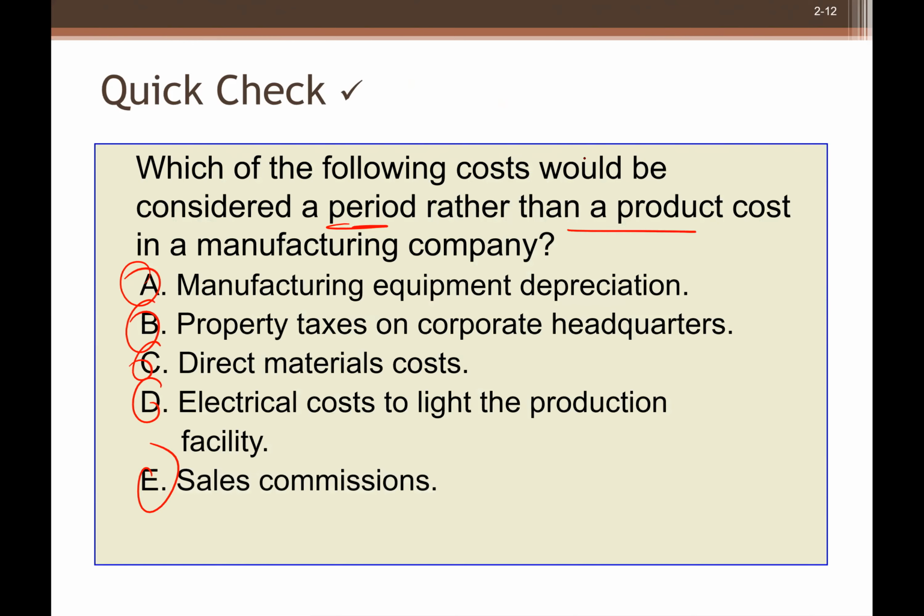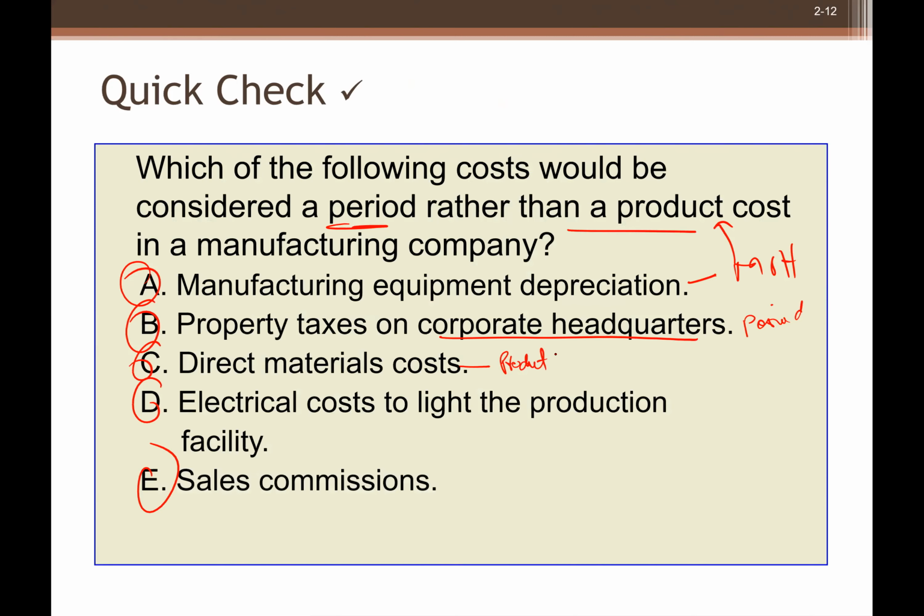Which of the following costs would be considered a period rather than product cost? Manufacturing equipment, this will become MOH, which is a product cost. It's not a period cost. Property taxes on corporate headquarters, this is non-manufacturing period cost. Direct material cost, that is product cost.